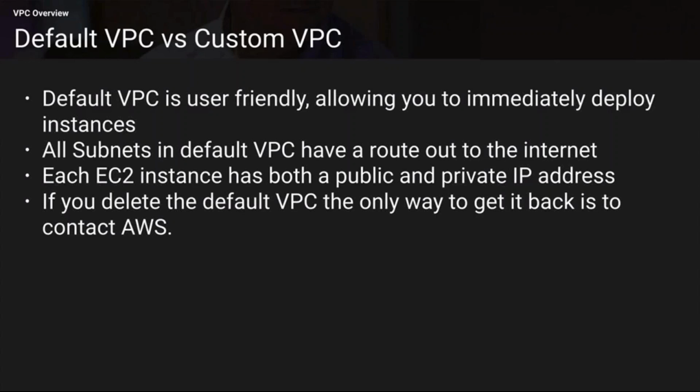The default VPC is something that you get by default whenever you create an AWS account, and the custom VPC is something that we are going to practically launch. When we talk about the default VPC, it is very user friendly. It allows you to immediately deploy instances.